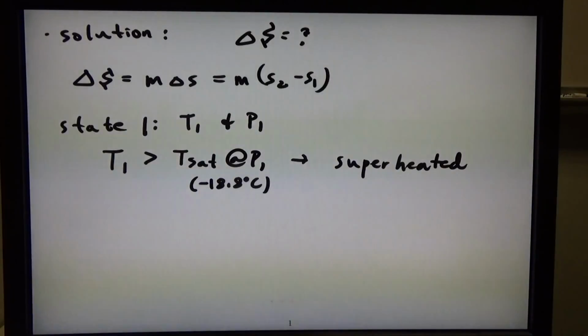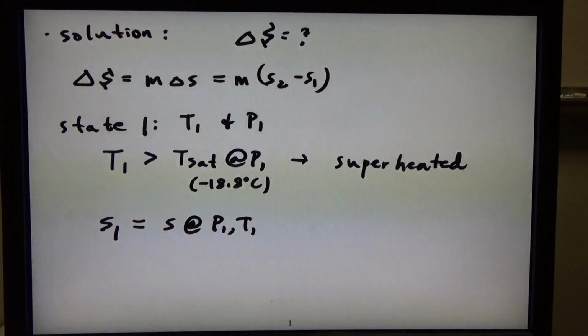So that's state 1 phase. Now we can get the property value that we're interested in. Here we're interested in specific entropy, S1. So S1, we're just going to look up the value of specific entropy at P1 and T1. For the superheated phase, we need to go over to the superheated refrigerant tables. R134A, that's going to be table A12. And then we're going to get into the pressure is equal to 1.4 bar subtable.